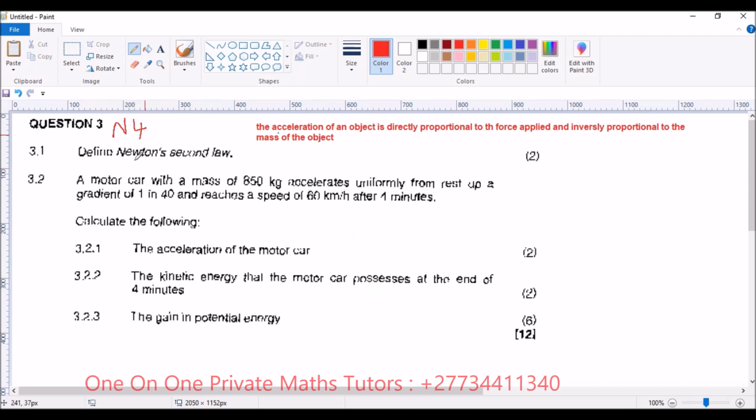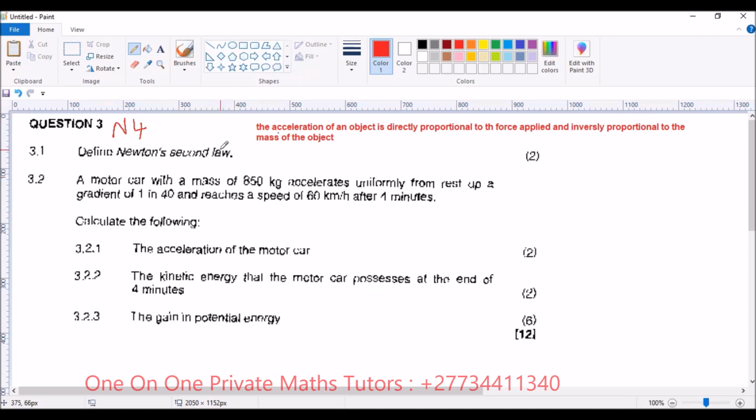Of course, in engineering, they will go on further to differentiate these things and do a lot more. But this type of question, you can expect it at grade 12, at A level. All right, so this is a question we are doing today.